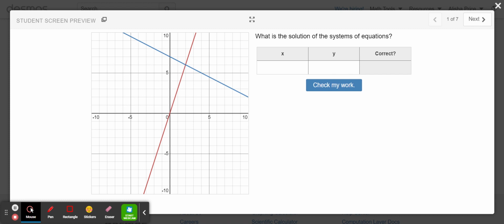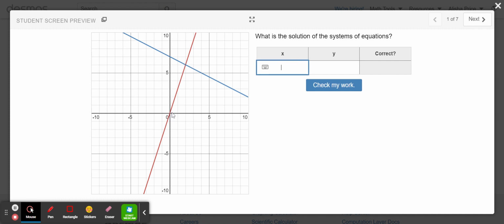Remember that a solution for a system of equations is where two lines intersect. You can see that we have the blue line and the red line. Where those two lines intersect, right here, is the solution to the system. When I click on it, it tells me the ordered pair is (2, 6).